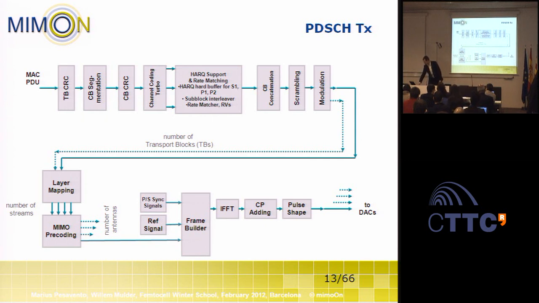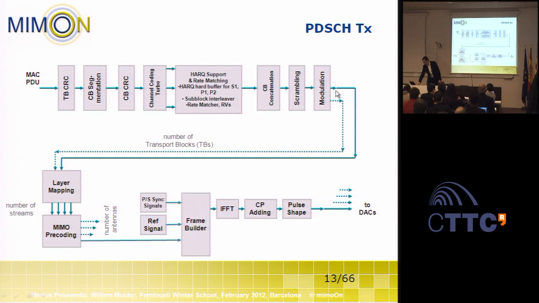Then this enters the modulator. In the modulator, depending on the channel conditions, we use either QPSK, 16 QAM, or in very good channel conditions also 64 QAM, to which we modulate our bits. So this is one transport block which is arriving.